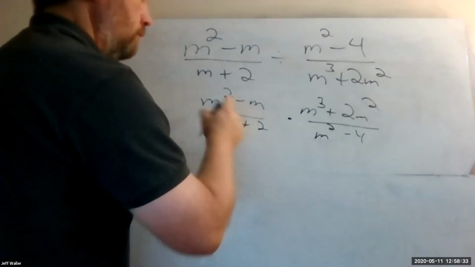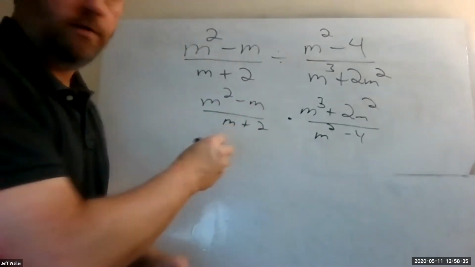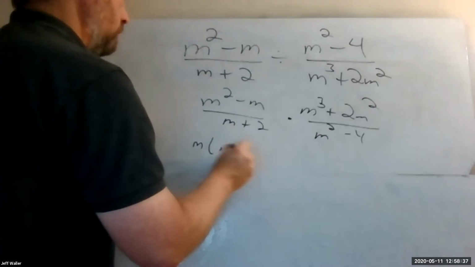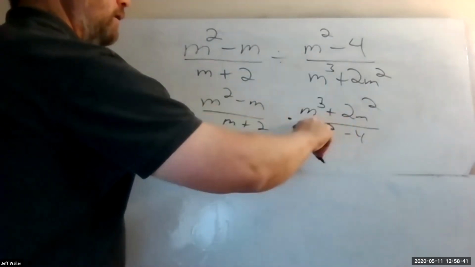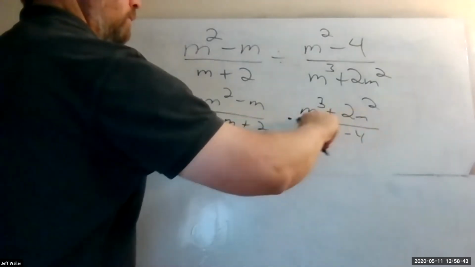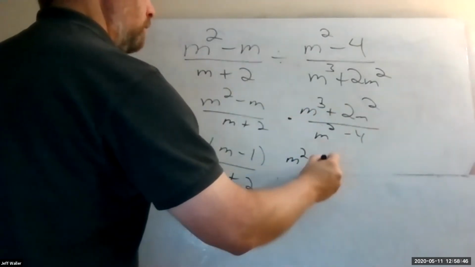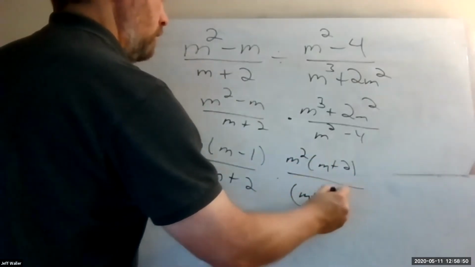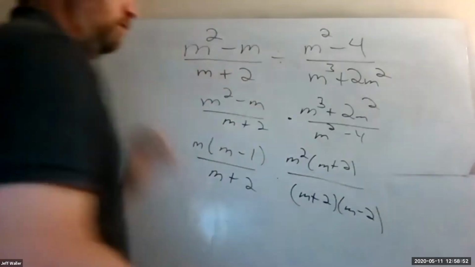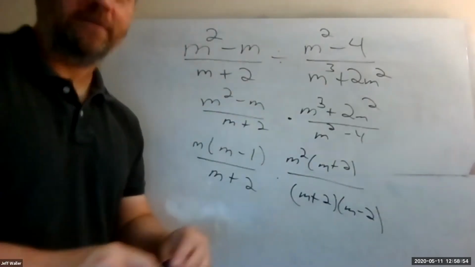Take m out. Yes, GCF saves you, right? Take an m out. The bottom I can't do anything with. This one I can take m squared out. And over here I've got a difference of squares.